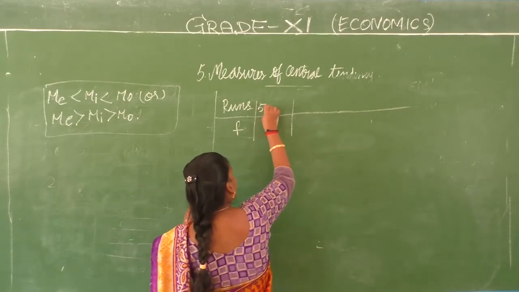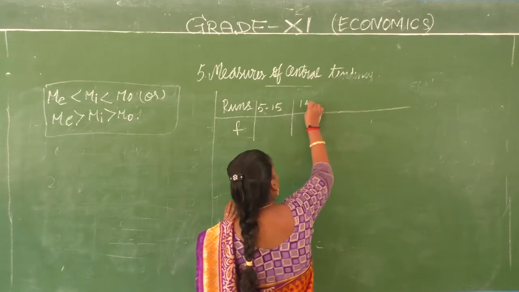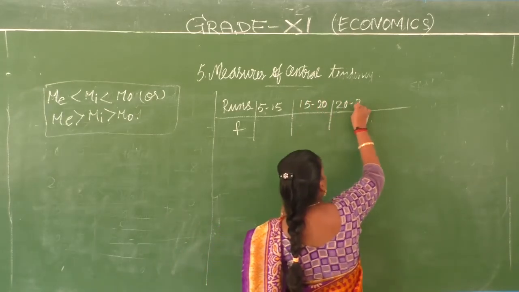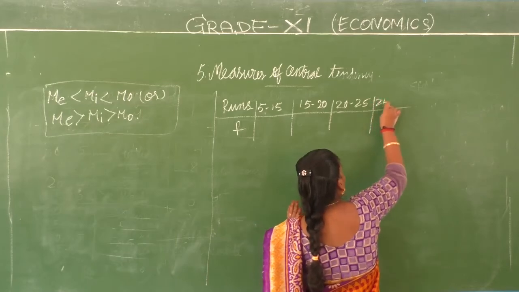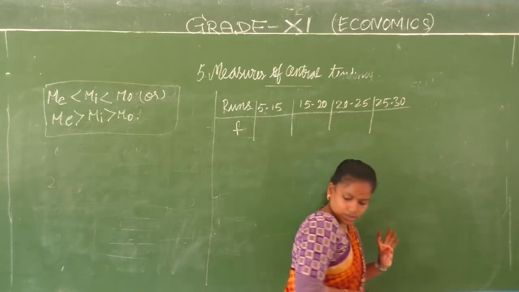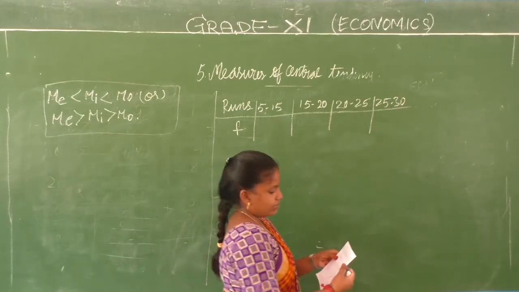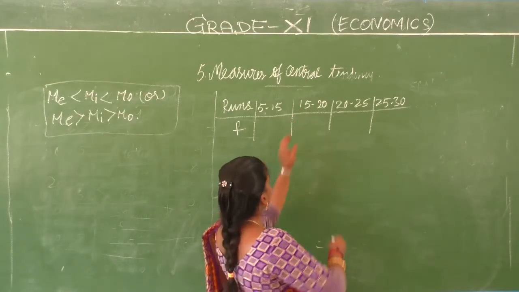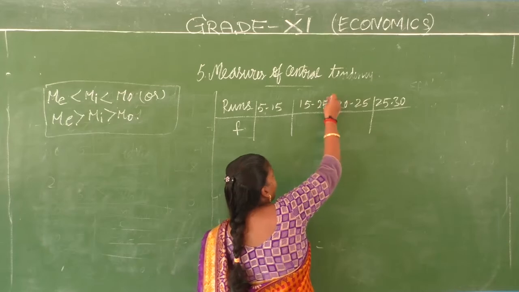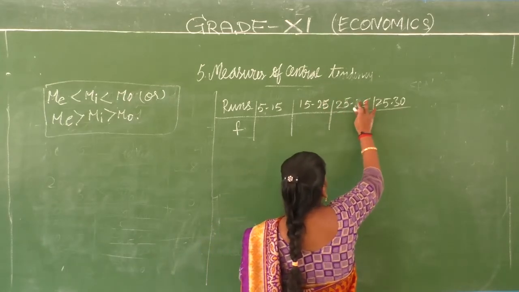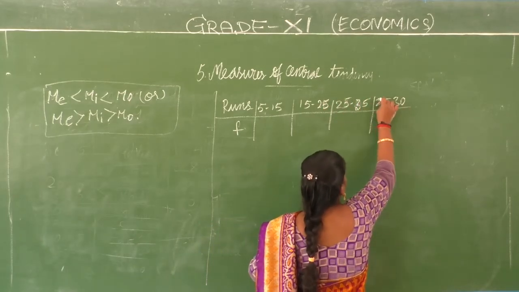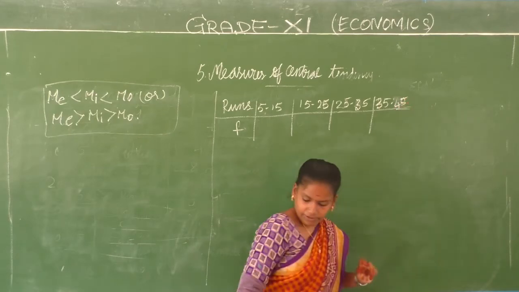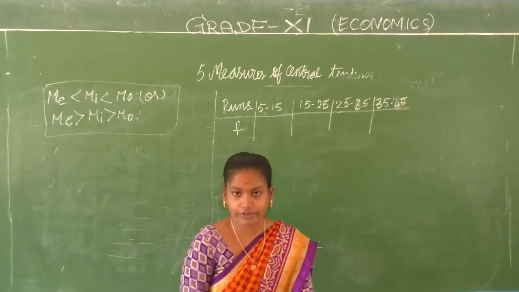So we have 5 to 15, 15 to 25, 25 to 35, 35 to 45, and finally 45 to 55.